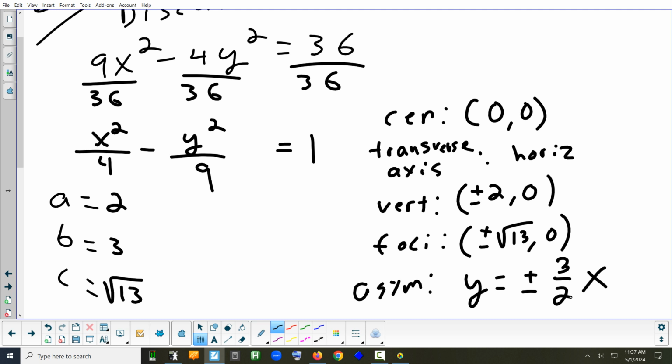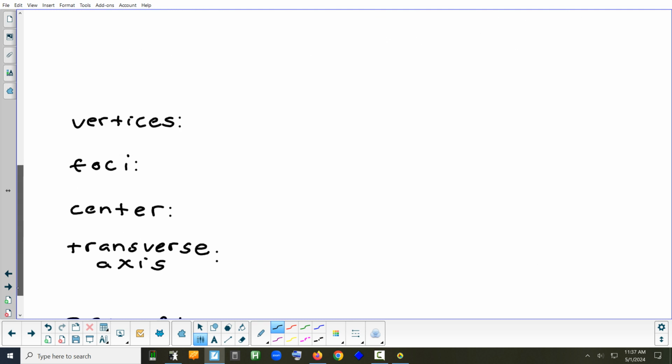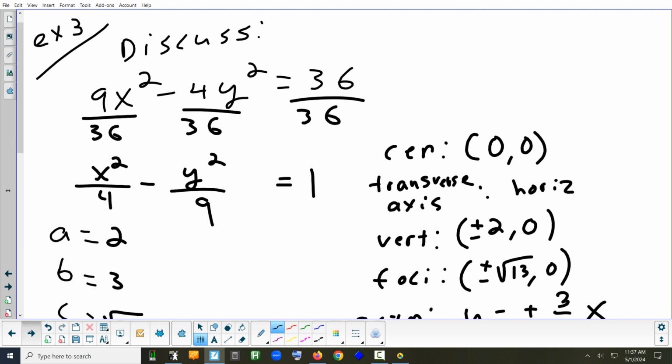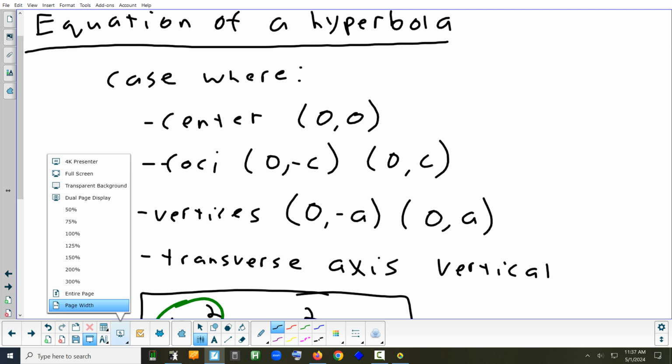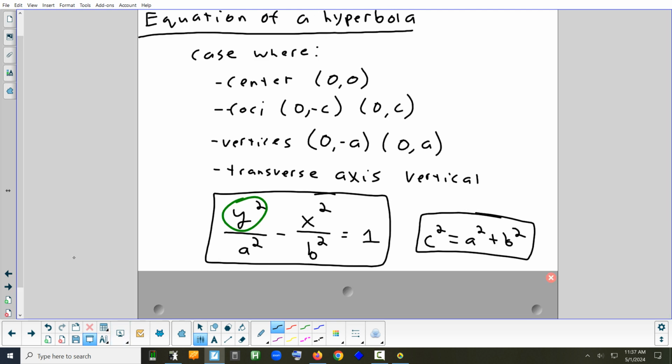All right, so I think we looked at the case where x is positive. Let's look at the case where y is positive. So this is the equation where the center is still the origin, but everything now is above and below. Vertices are a units above and below the center. Foci, c units above and below.